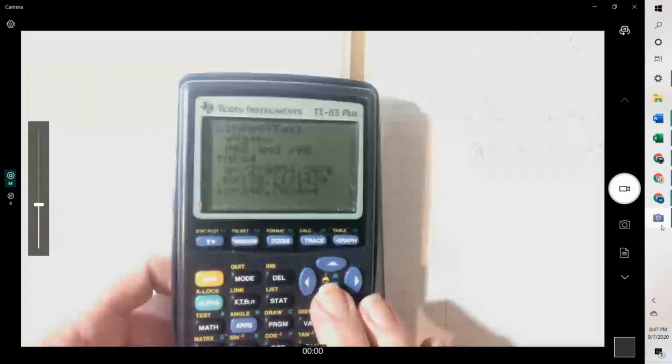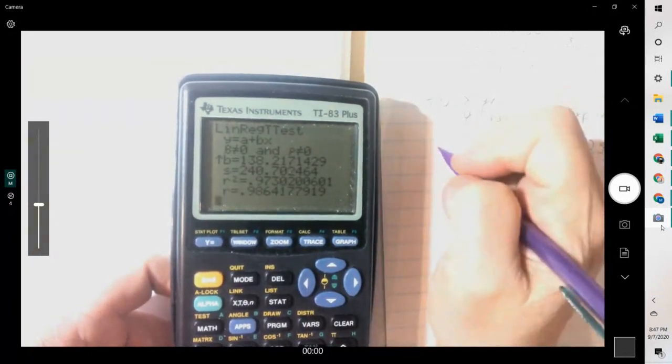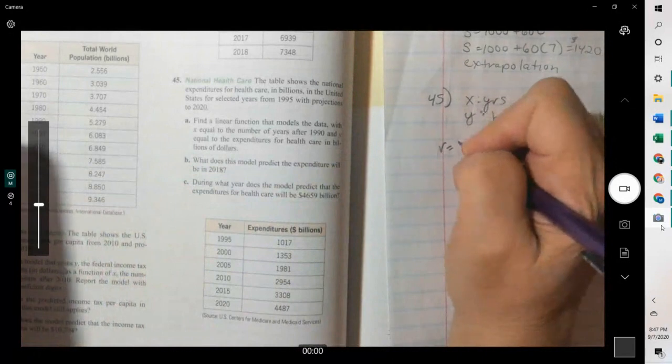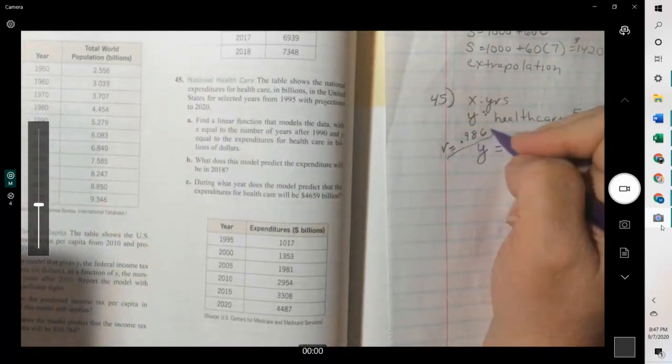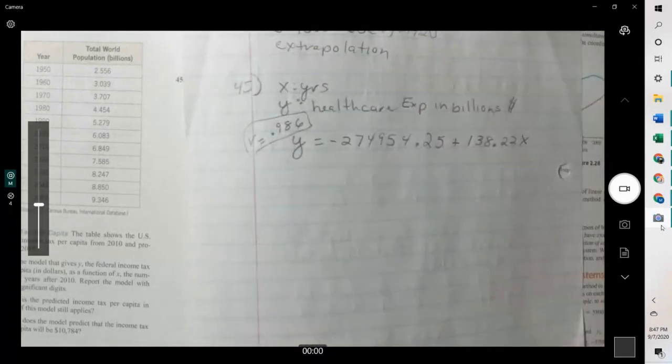And to see how strong the relationship is, we'll go to R. R is 0.986, very close to 1. So this is a strong relationship. It's not exact, but it's strong. And so that would be our equation.